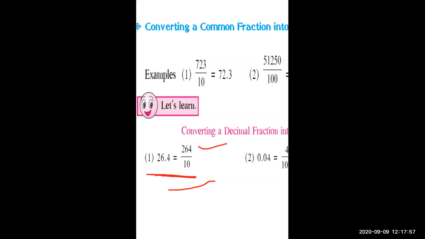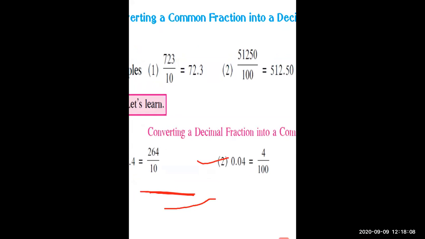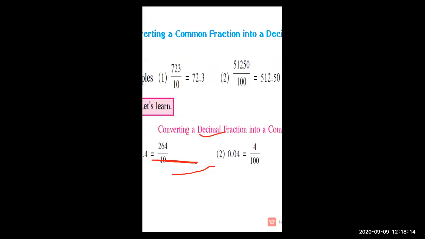So here, only one digit after the point, you are going to write 264 upon 10.